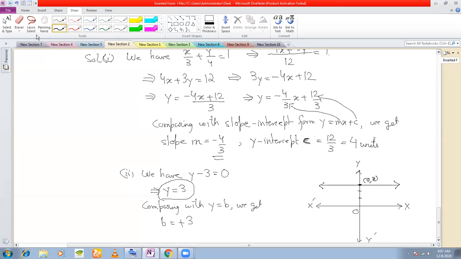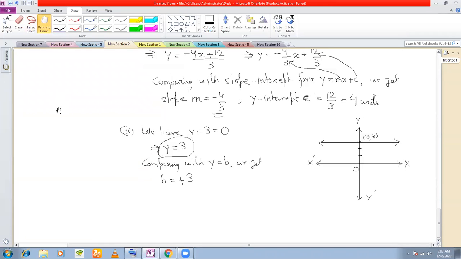Okay, so now what is the slope of this line? Anyone? Y-intercept, what do you get? I clearly see this y-intercept to be 3 units. So y-intercept here is 3 units. Tell me about the slope.